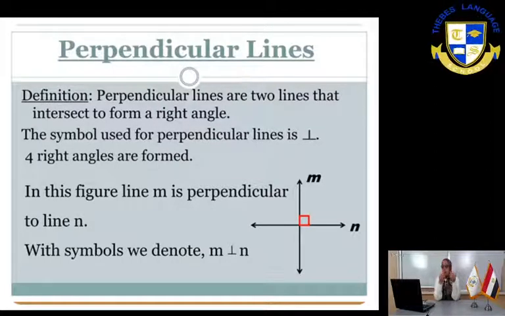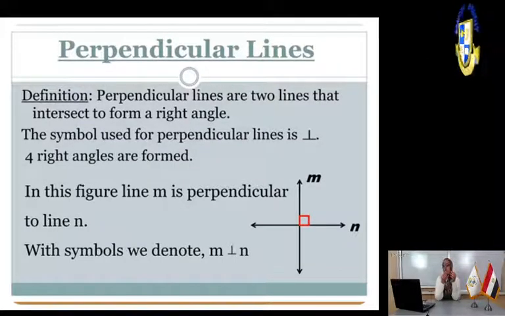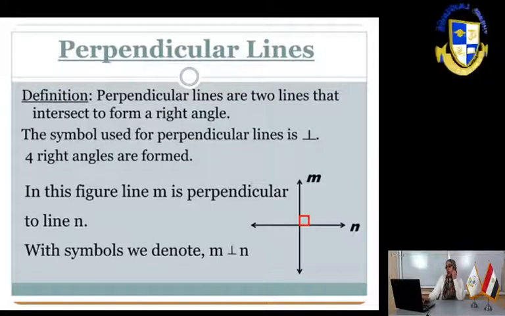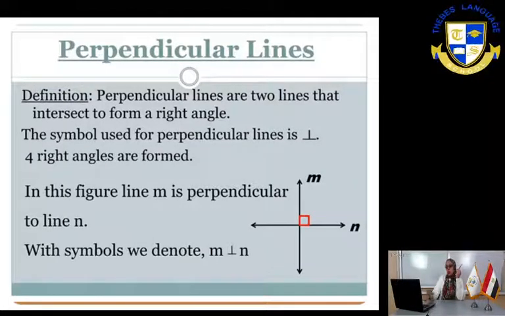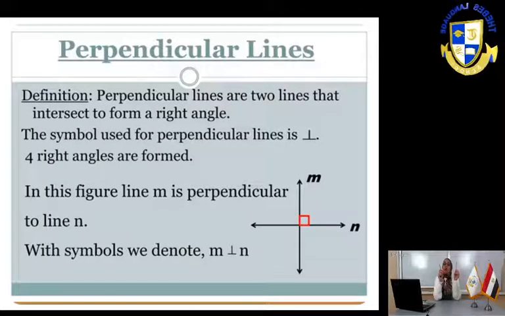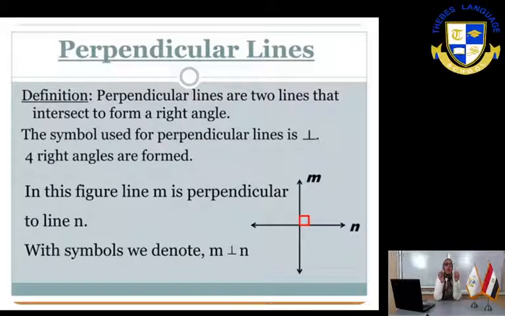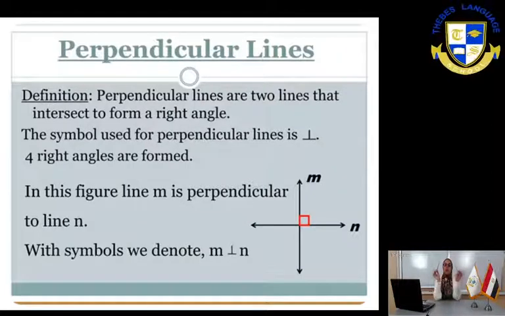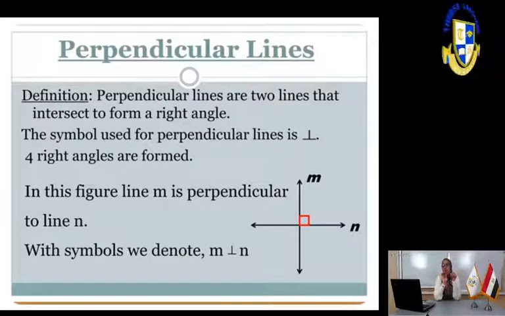Okay? So these are parallel lines, and parallel lines never intersect, like a railway track, which never intersects at all. Okay? So how many intersection points are there for these parallel lines? There is no intersection point for parallel lines because they never intersect.